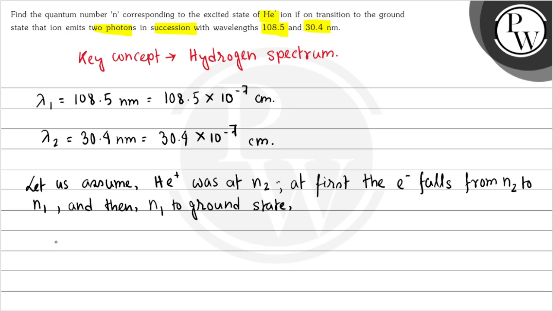And for these two transitions the corresponding wavelengths are, for n1 to ground state we have lambda is equal to lambda 2, and for n2 to n1 we will have lambda is equal to lambda 1.